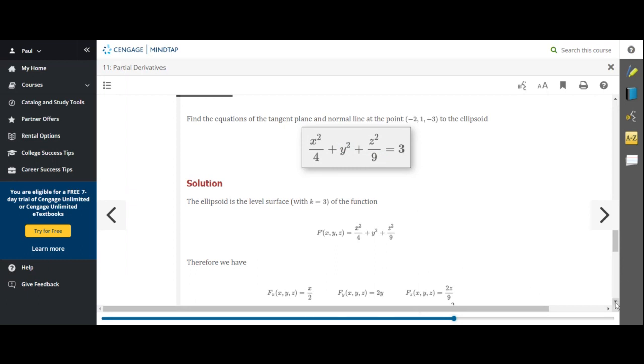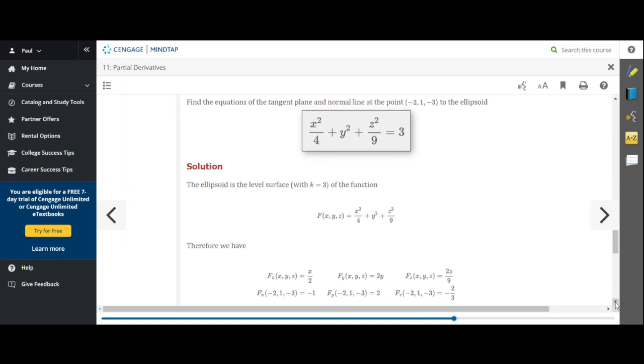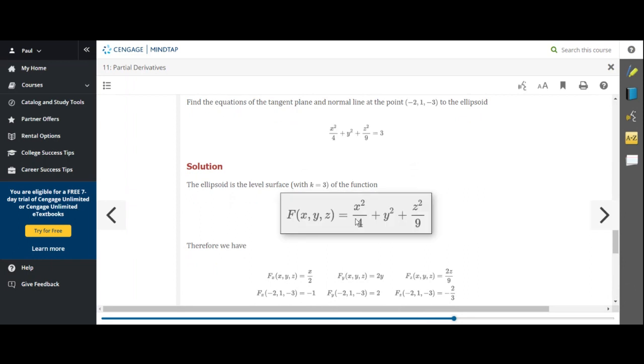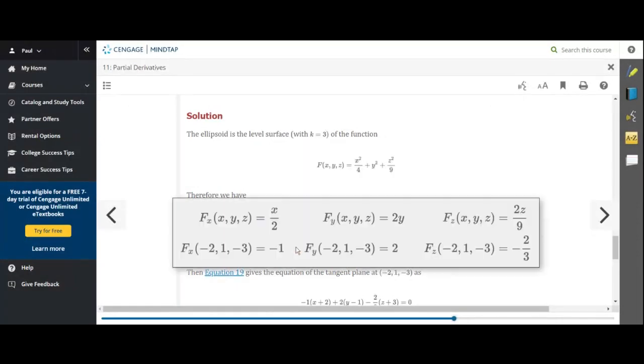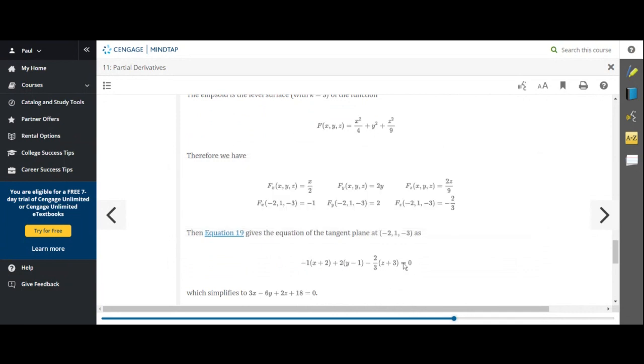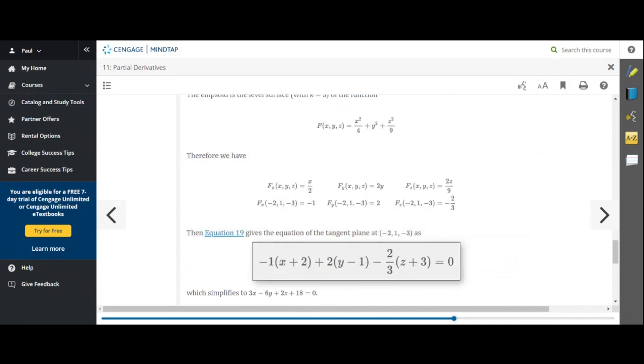We express the left side of the equation of the ellipsoid as f of x, y, and z, and then we compute the partial derivatives as you see here, and evaluate the partial derivatives at the point -2, 1, -3, and then we get the equation of the tangent plane. It's really quite amazing what you can do. And of course, you can simplify that equation.